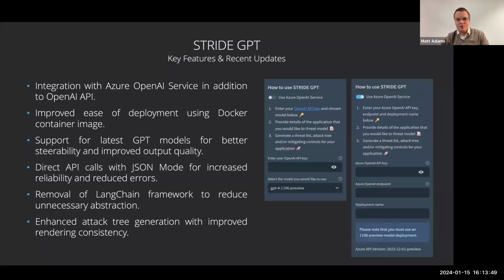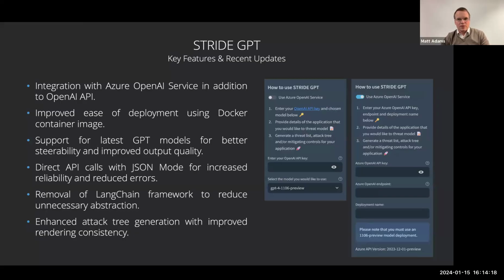You just replace your API credentials with the Azure OpenAI service credentials, and otherwise the tool operates exactly the same. So that was a really big thing for me. Now if you're an enterprise customer and you've got existing commercial terms and non-disclosure agreements with Microsoft, you can use Stride GPT with that level of confidence.